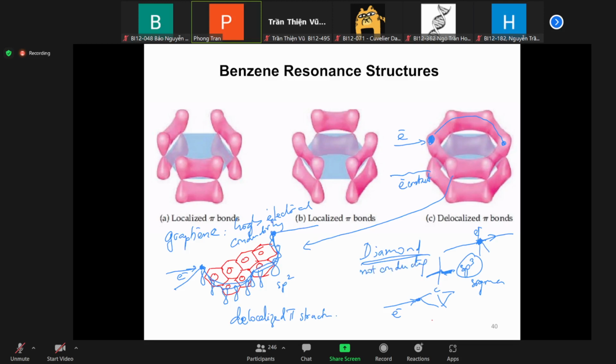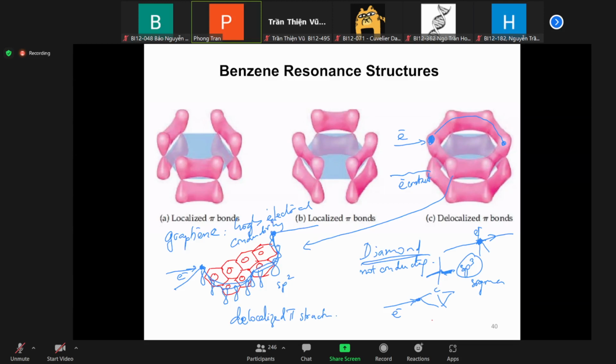So you see that if you take the same element, but you put it in different chemical bonds, different geometry, different bonding modes, you can display totally different physical and chemical properties.